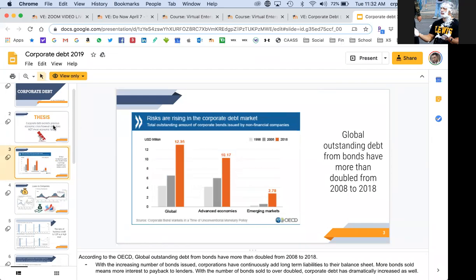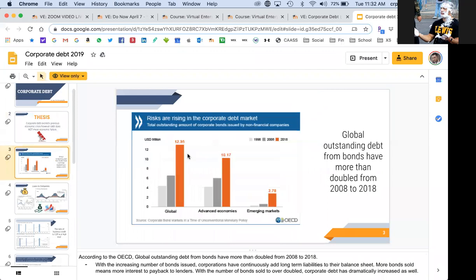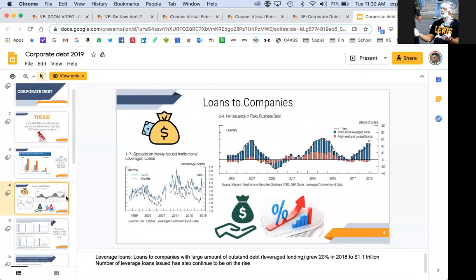So then I go back to the thesis. Corporate debt exceeds previous economic crisis. Okay. Where was that proven? Well, that was proven here. Corporate bond debt. I don't know if it was proven here. So it doesn't look like it was proven here because this is new leverage loans.